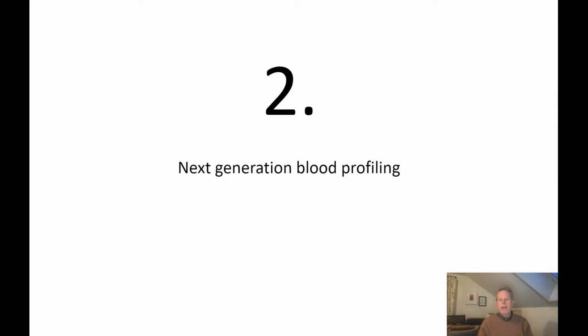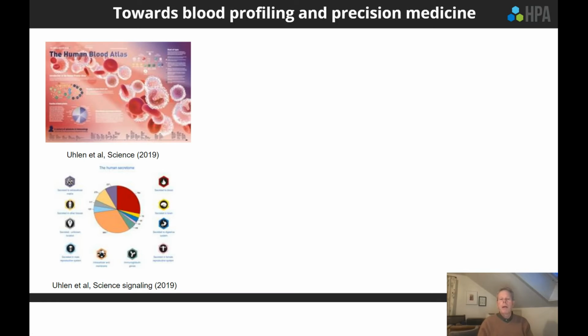So with that short introduction, I want to move into the main theme of this presentation, and that is next generation blood profiling. We are extremely happy about the technology development that has happened in the last few years. A few years ago, we published a paper in Science, 2019, where we had a blood atlas.